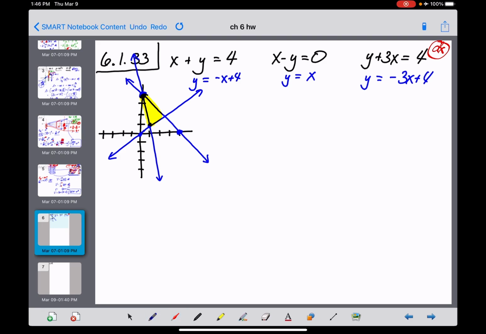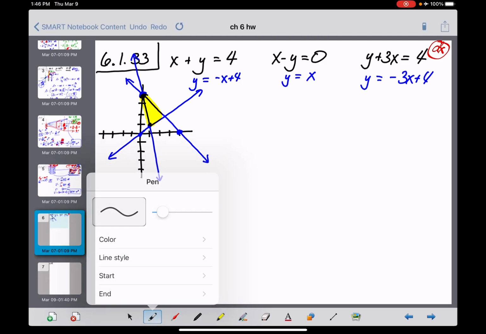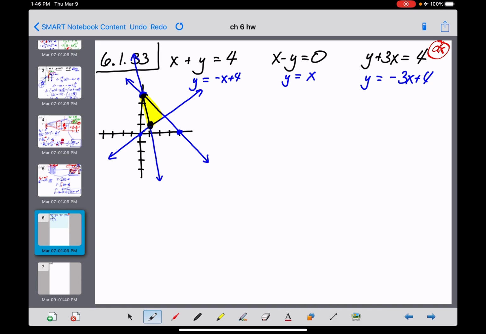That means I've got to split this region where the bottom border changes, which is going to be at this point right here, and we're going to go up until we hit that region there. Boy, I wish I had drawn this a little bit bigger. Maybe I can zoom in on that just a little bit. We had a 4 right there and about a 4 right here, and I think I need the point (1, 1), which is maybe right about here.